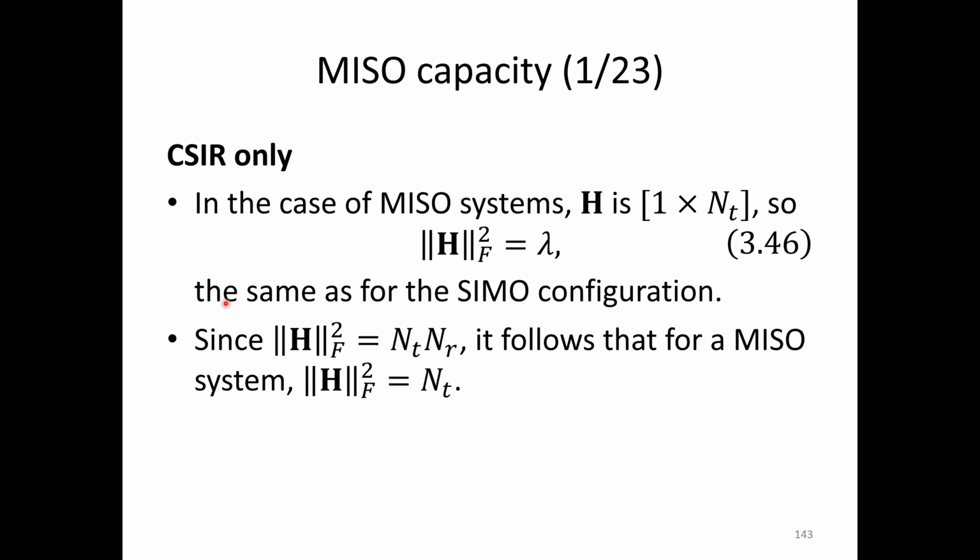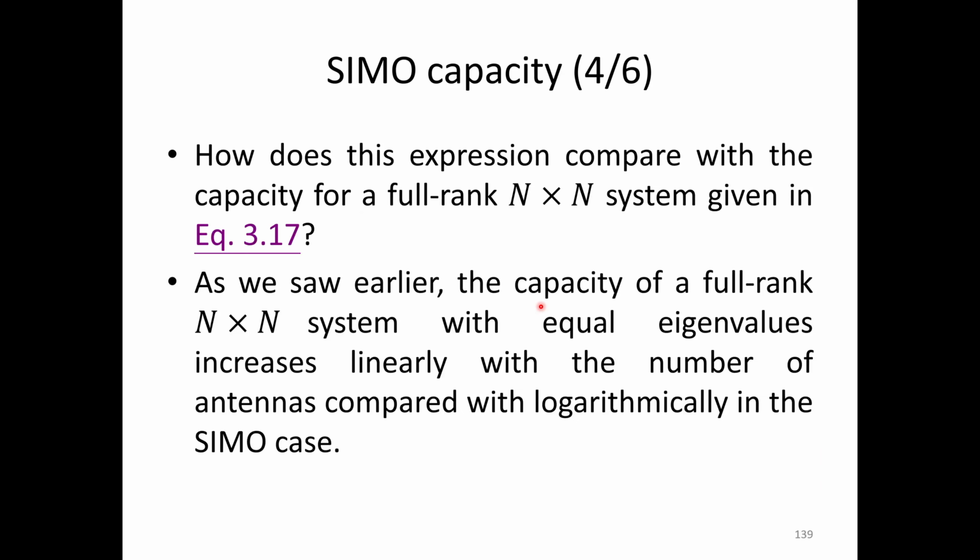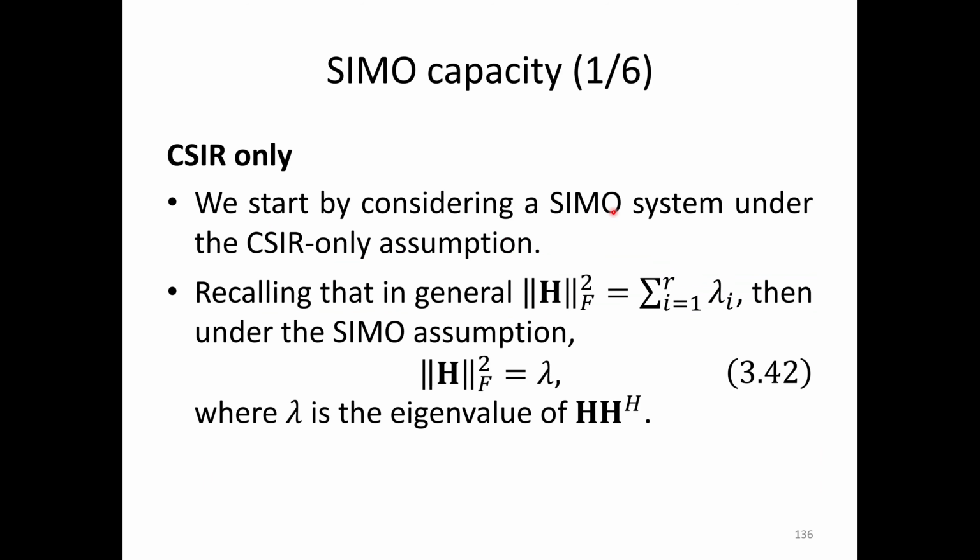Let us continue. The same as for the SIMO configuration, let us go back to the SIMO configuration. In general, the square of the Frobenius norm of H is equal to the summation from i equals 1 to R of lambda i, where R is the channel rank and lambda i is the ith largest eigenvalue of H times H Hermitian.